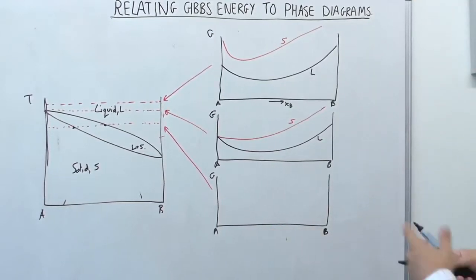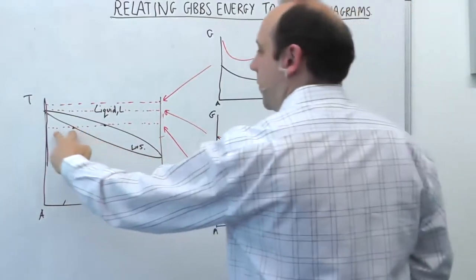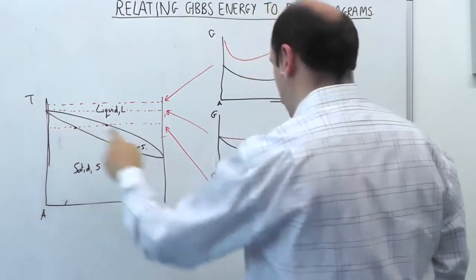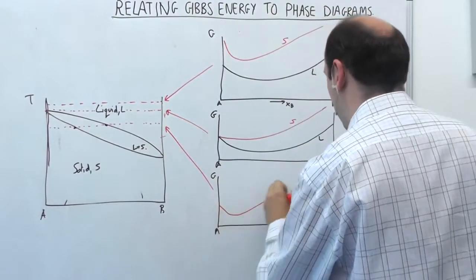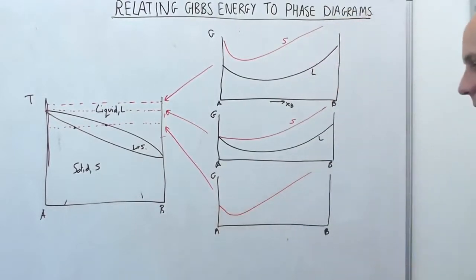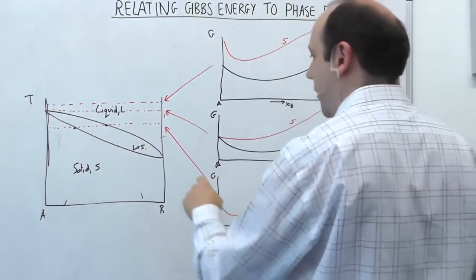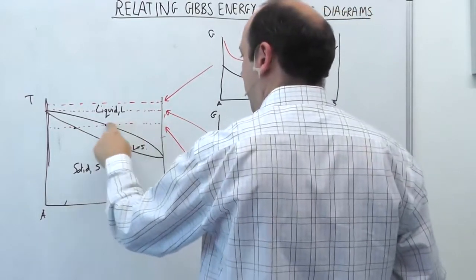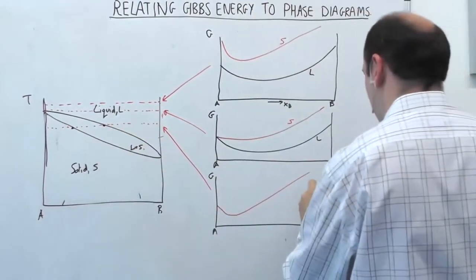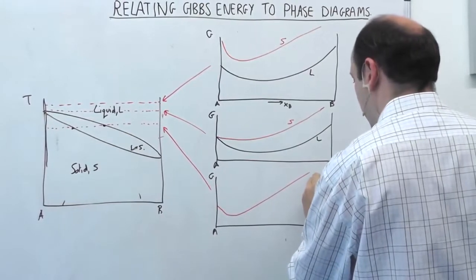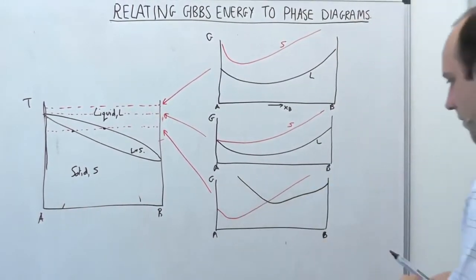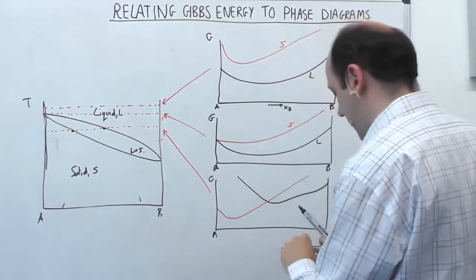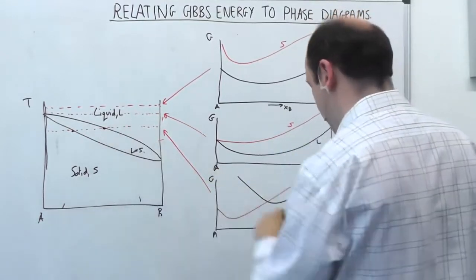The solid curve will be the lowest energy all the way up to this composition, and the liquid curve will be the lowest energy at compositions all the way over here. And in between those two, we've got a two-phase region.